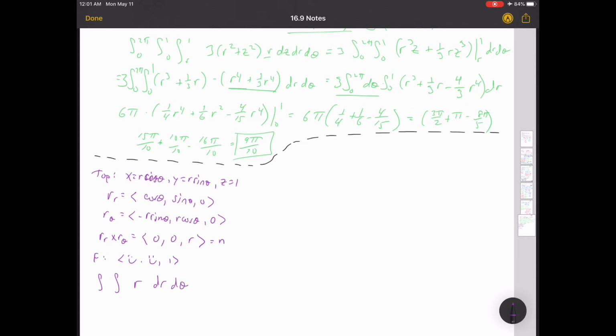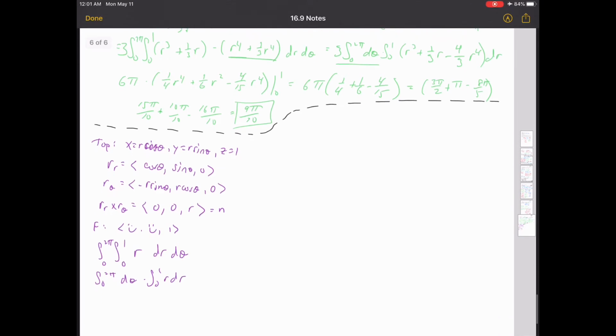R here is going to go from 0 to 1, and theta goes from 0 to 2 pi. So we're going to have the integral from 0 to 2 pi d theta times the integral from 0 to 1 r dr. We've done 0 to 2 pi so many times, it should become habit. That's just 2 pi. This is going to be one half r squared from 0 to 1.